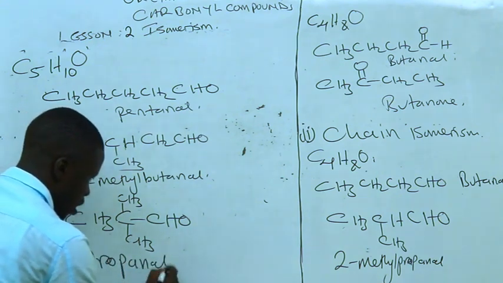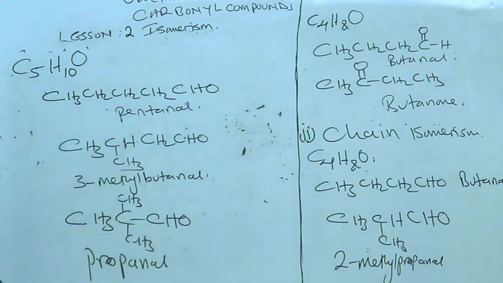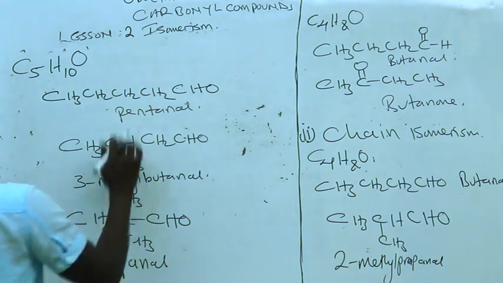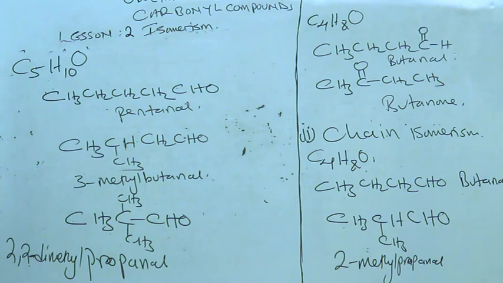But there are 2 methyl groups within the carbon chain on the second carbon atom. So we shall have 2, 2, dimethyl propanal. These are all examples of structure isomerism.